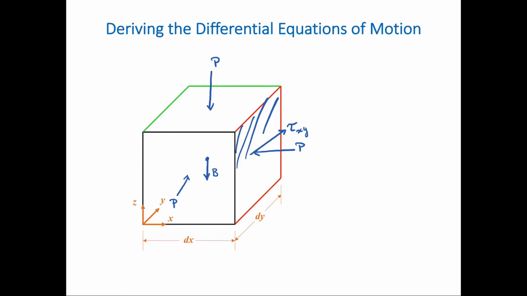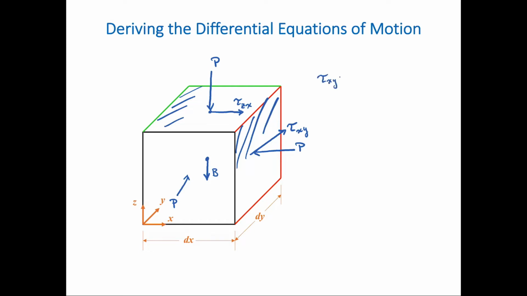So I could draw a similar deal. Let's say we have shear stress up here. This would be tau, and this is on a z surface, and it's pointed in the x direction.